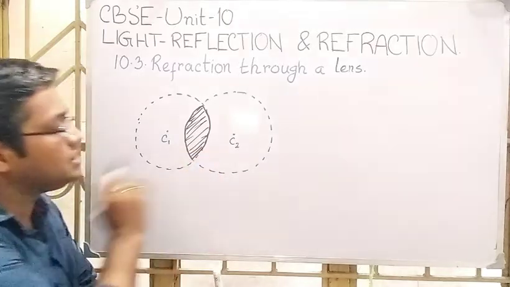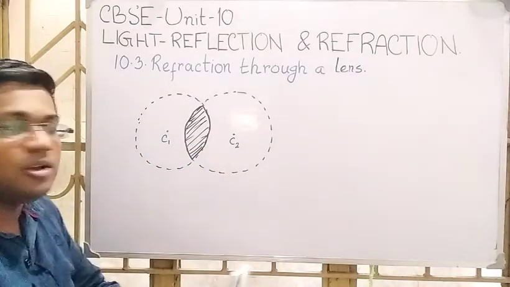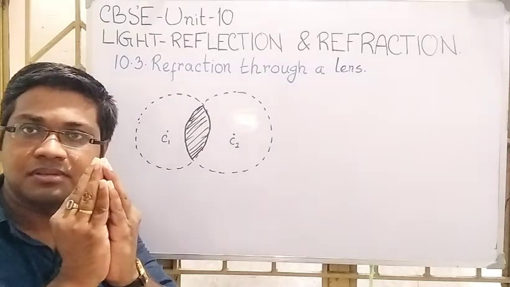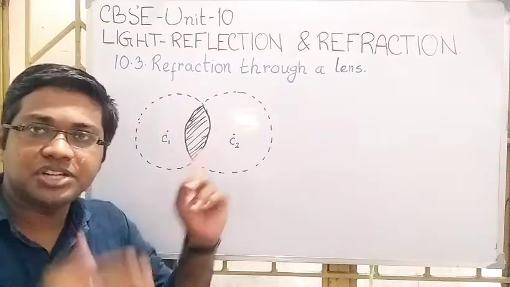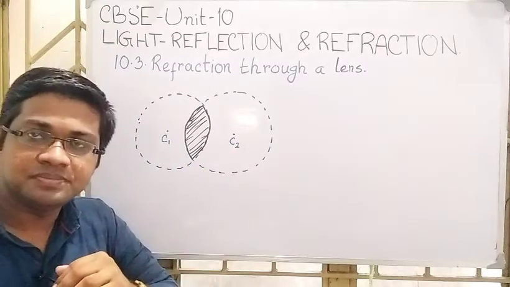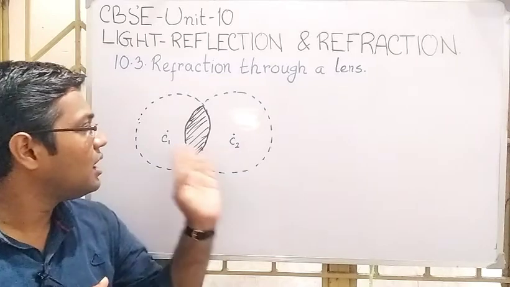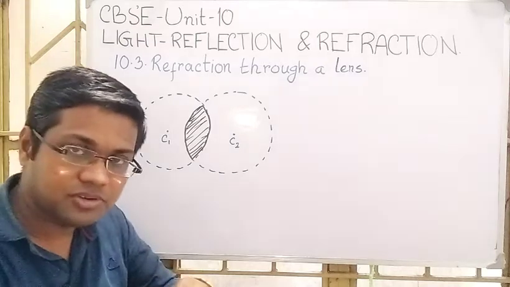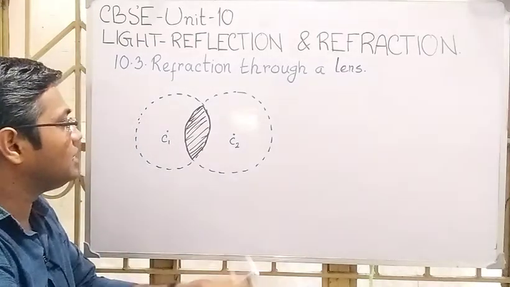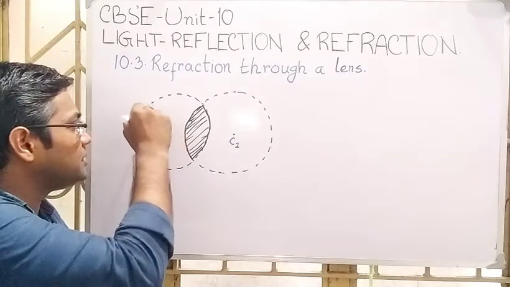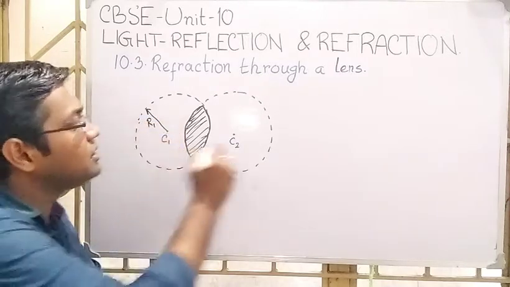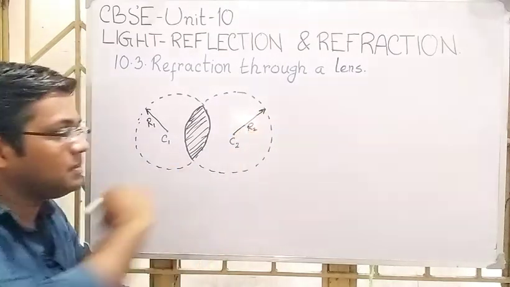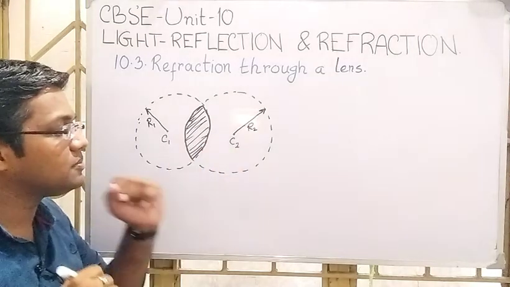This volume basically looks like this, but I have just drawn a section of it in two dimensions. The radii of curvature of these spheres may be different. This is the radius of curvature of the left sphere, R1, and this one is the radius of curvature of the right sphere, R2. So these are the two radii of curvature.